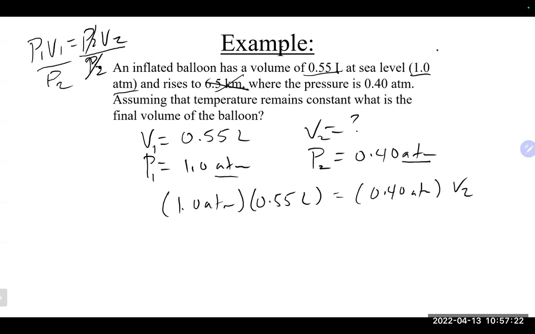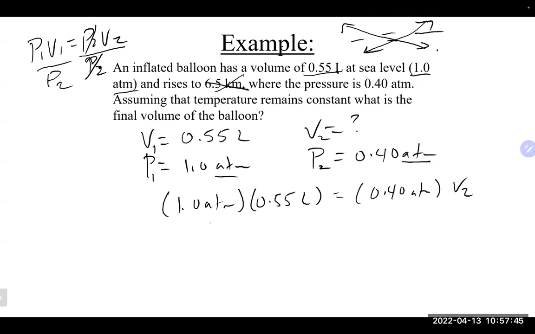In gas laws, when you move across the equal sign, everybody ends up in the opposite location. P2 is up on top on the right, and ends up on the bottom left as you go across the equal sign. That's a quick way of rearranging equations.